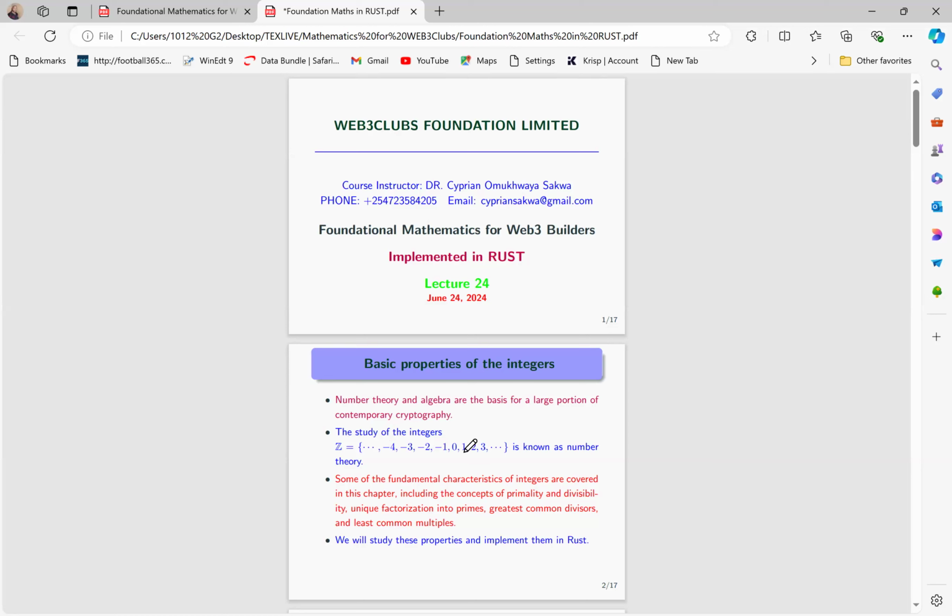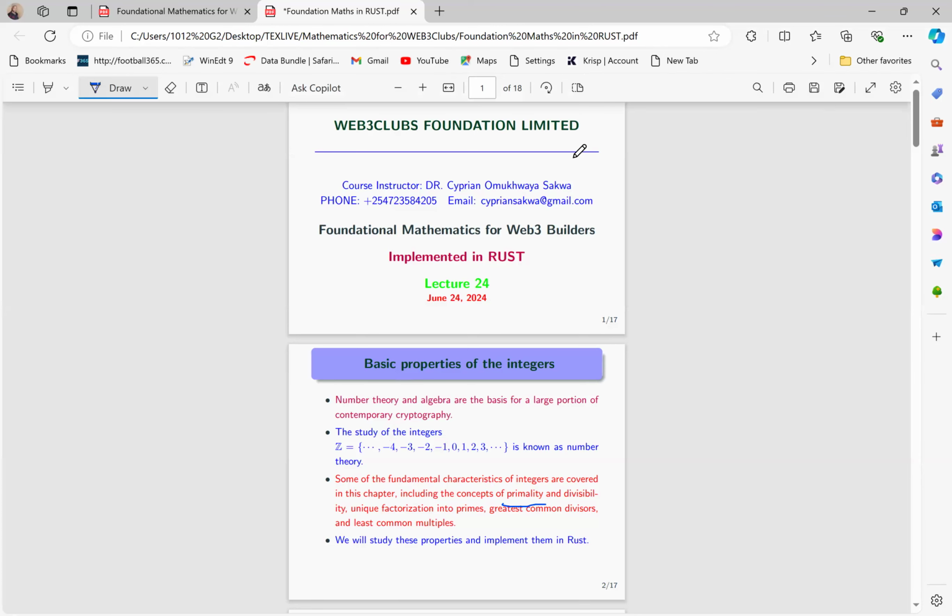Now we look at the properties of integers and try to implement that in Rust. The properties we'll be looking at are prime numbers, divisibility, unique factorization, the greatest common divisor and the LCM, and we'll implement all of them in Rust. And of course, we'll do the other topics we've already covered, and again implement them all in Rust.